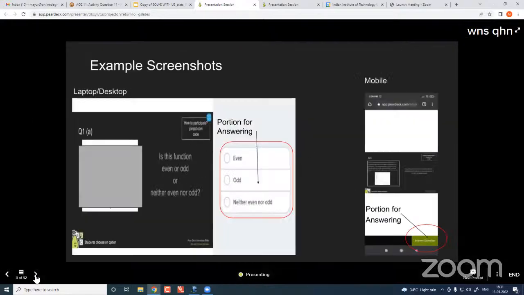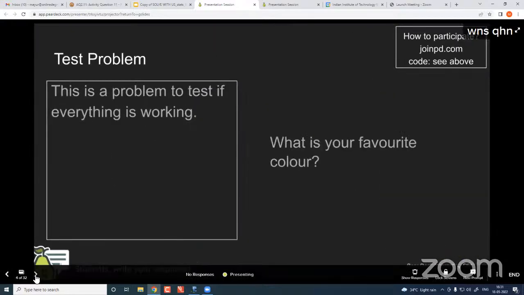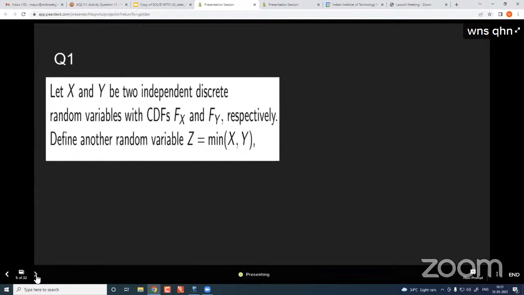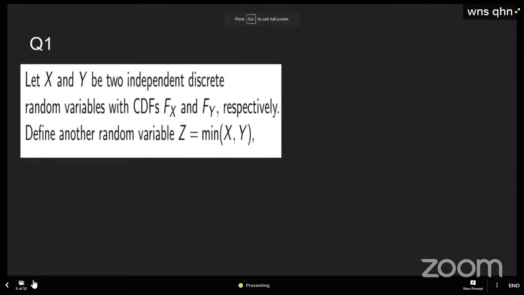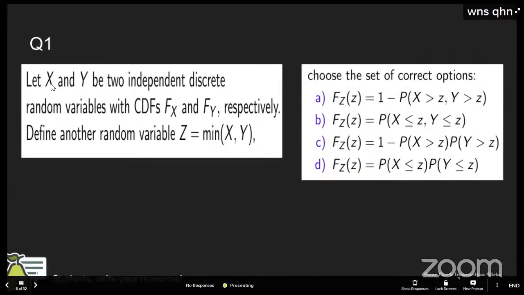We have 7 questions today. If it is okay, you can do the initial questions at a somewhat faster rate so that we can finish all 7 questions today. This is our first question. Let x and y be two independent discrete random variables with CDFs Fx and Fy respectively.